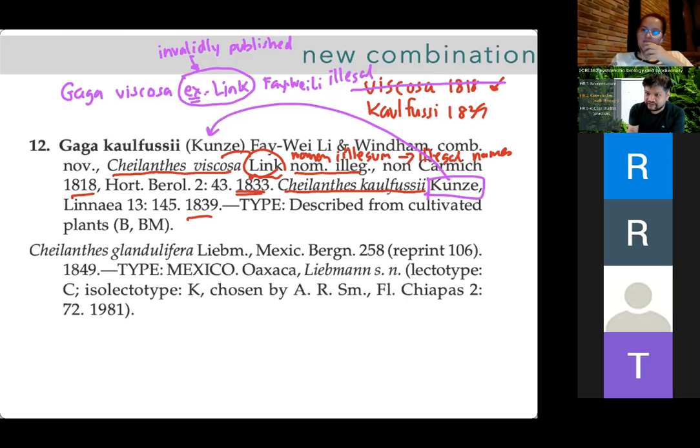If only Viscosa is available and there are no other options, you can use Viscosa. If we don't have this option, then we probably go with this and use it instead. But because we have a better option, we're not going to use this.